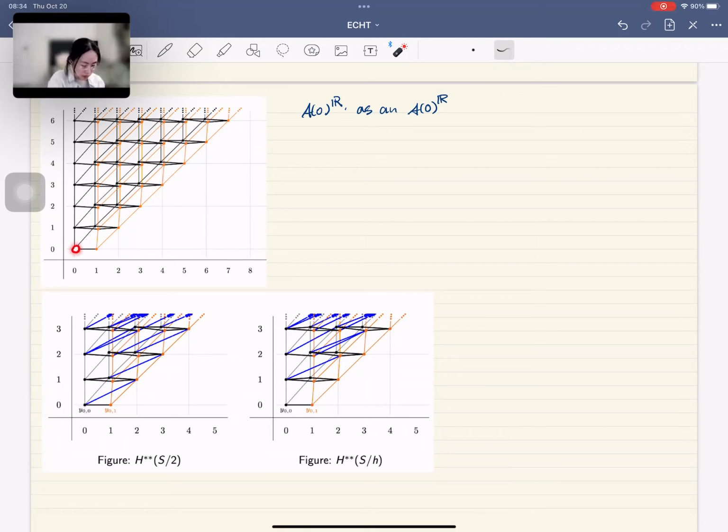Whether this class supports a Sq2 gives 2 different A module structures. And previously we saw there are 2 lifts of multiplication by 2 in classical, namely if you send it back, it is multiplication by 2 in classical. And they are multiplication by 2, that's the Boring map, and multiplication by H, the Hopf map. And it turns out these are the 2 realizations of A(0)R.